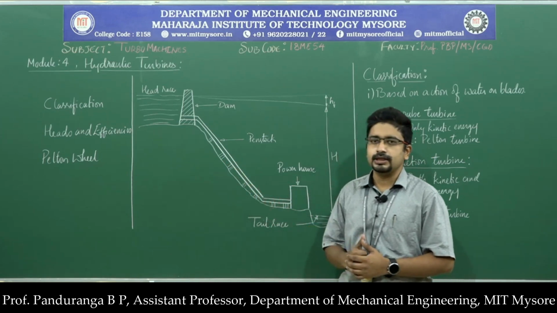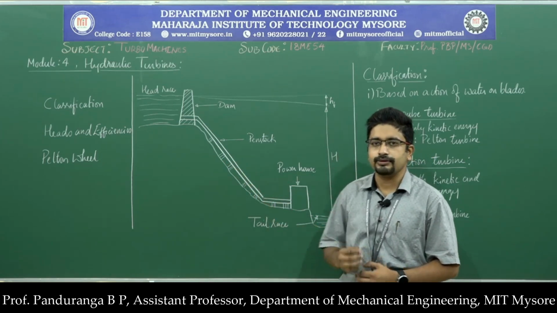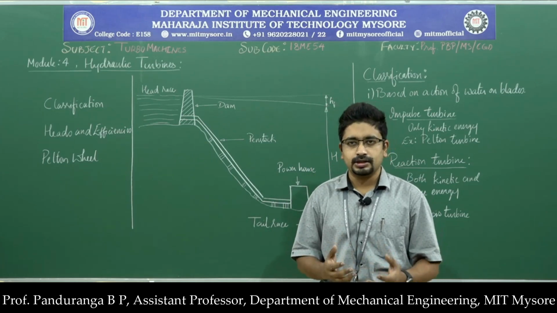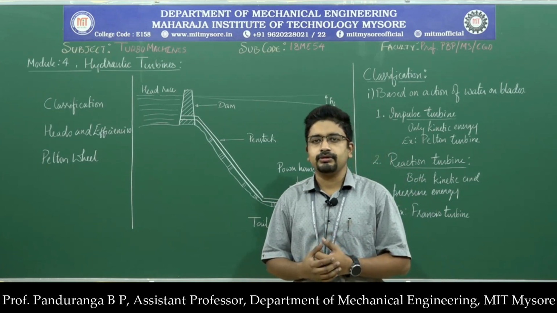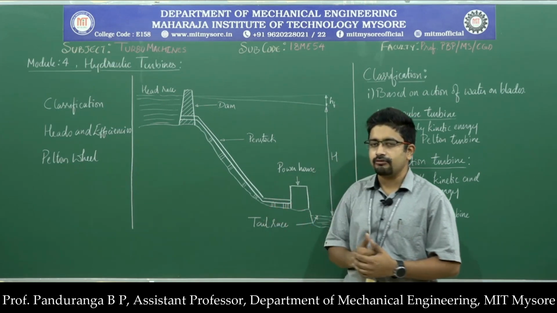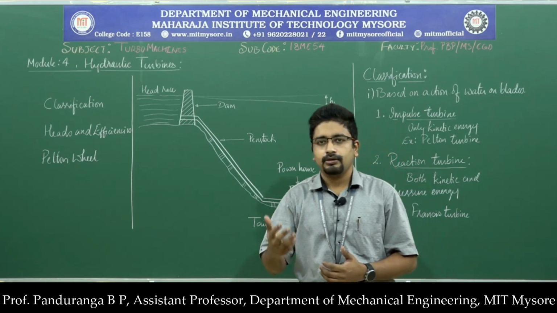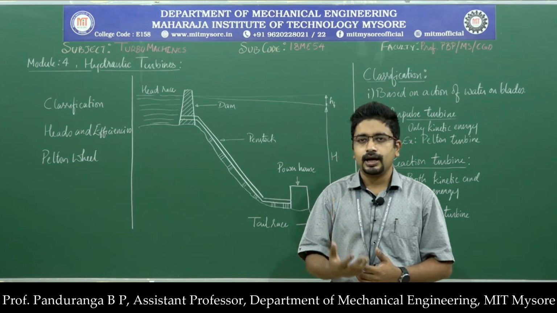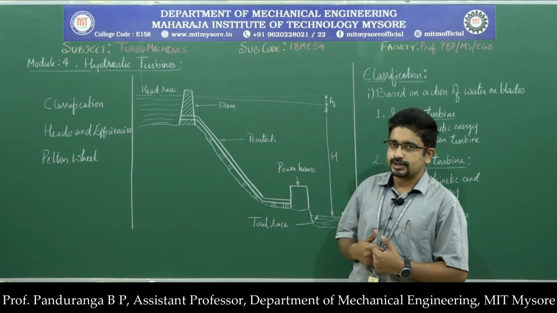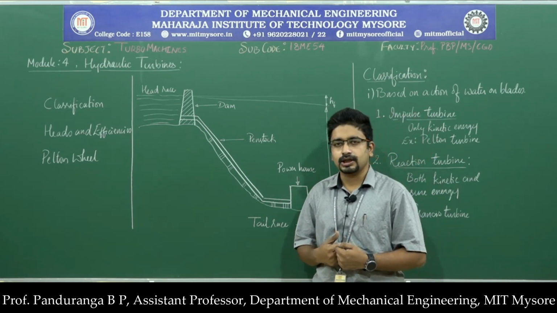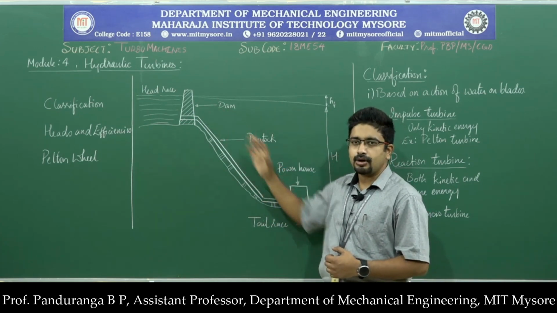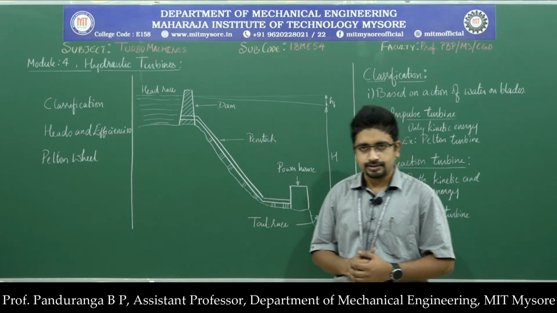And very close to the powerhouse, we will have the surge tank, which is provided as a measure to absorb the impact of water when we suddenly close the valve. When we close the valve, we have an effect called the water hammer effect, and to absorb the pressure rise that occurs during the water hammer effect, we will have the surge tank either near the dam or near the powerhouse.